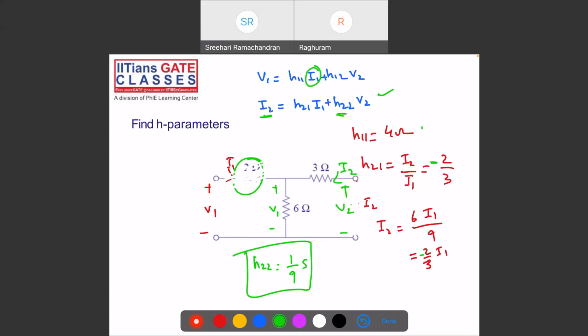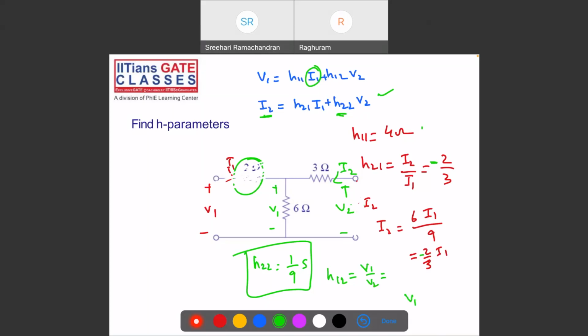Then H21 is I2 by I1. So what is I2 by I1? I1 and I2 are the same, right? Sorry, no, H21 I already got, this is H12. H12 is V1 by V2, and V1 by V2 is the voltage division rule.